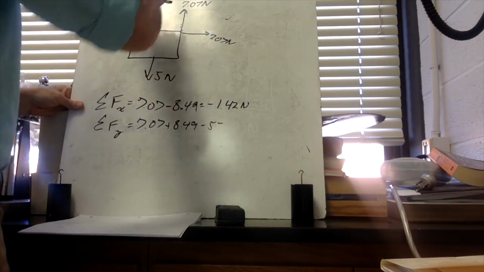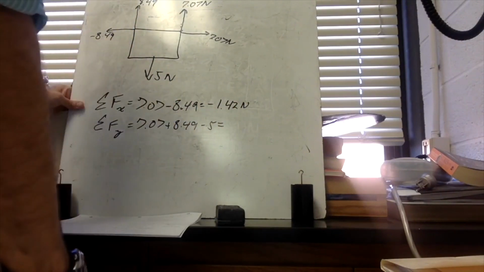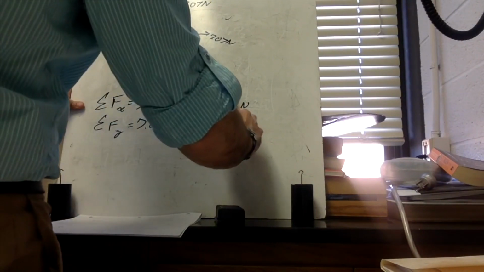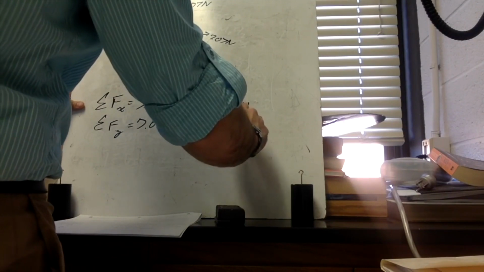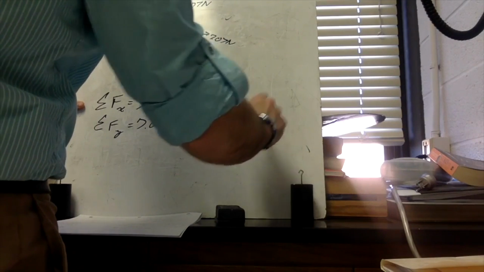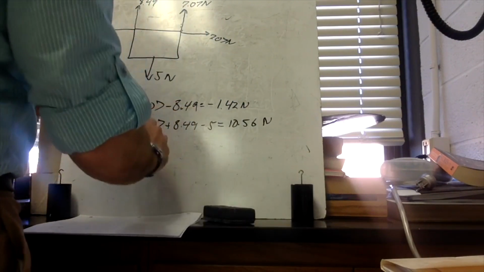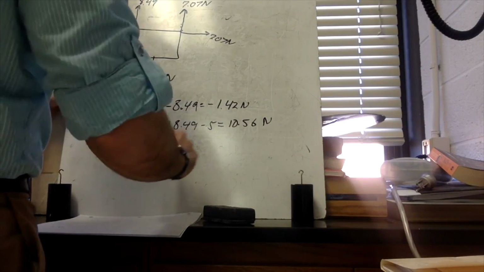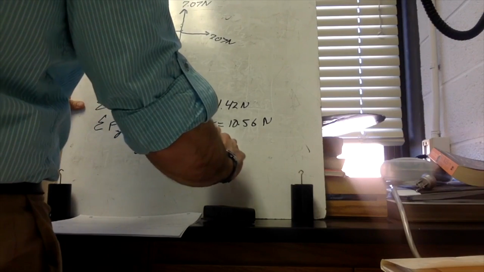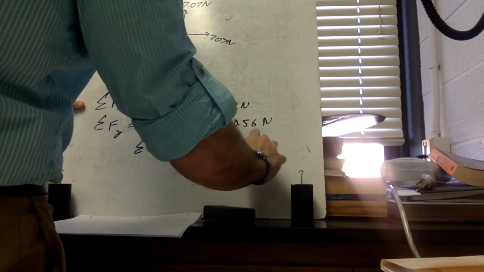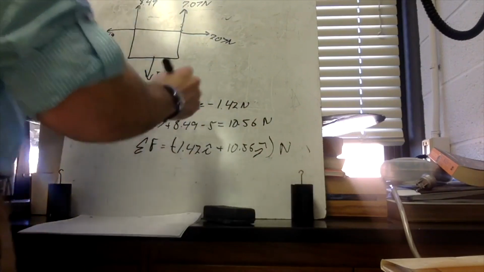Right here, 2 up, 1 down, and so that gives me 10.56 newtons. Okay, so then we can say that F net, I can write sigma F, is negative 1.42 i plus 10.56 j newtons. And that's part A.